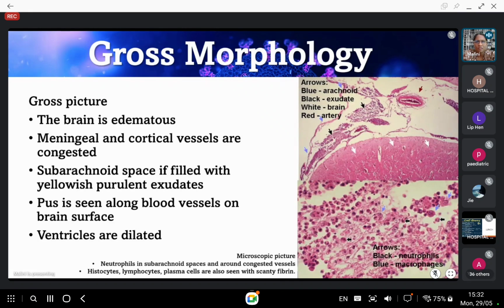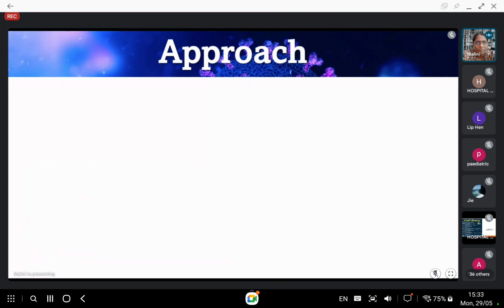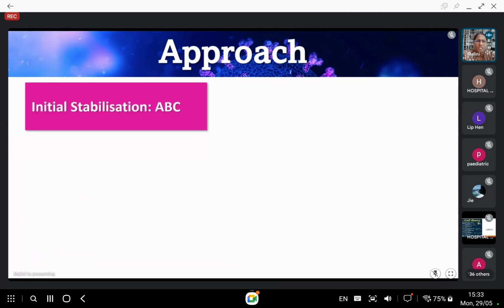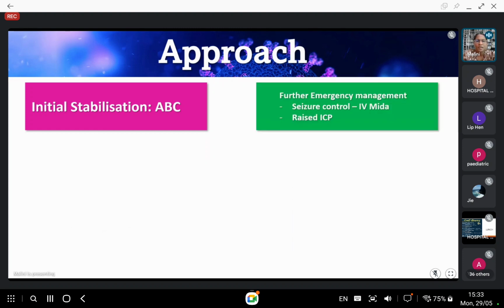So this is a picture of meningitis, with inflammation of the meninges. And how do we approach meningitis? I think approaching any child should begin with initial stabilization of ABC, and then emergency management of any acute issue.